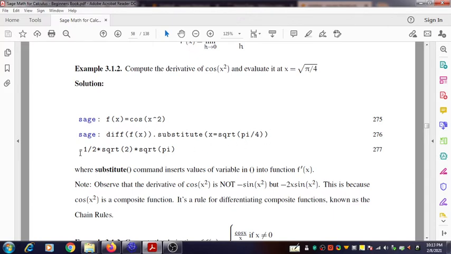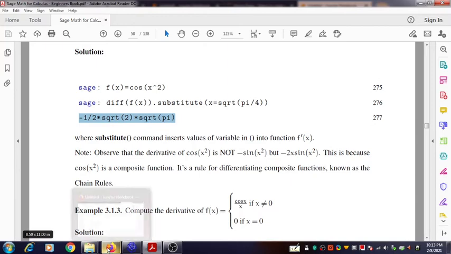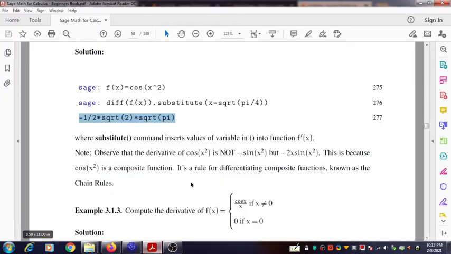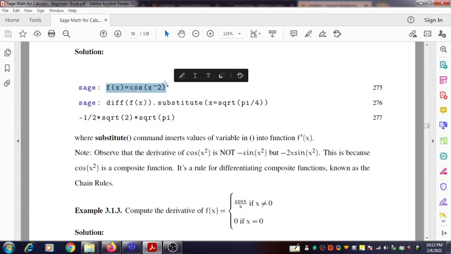You can see that this is actually the output, the derivative of the given function at the specified point is given here as output. So we have to check whether we are going to get the same output when we execute the command. So let's copy that first function, f(x) equal to cos x squared.